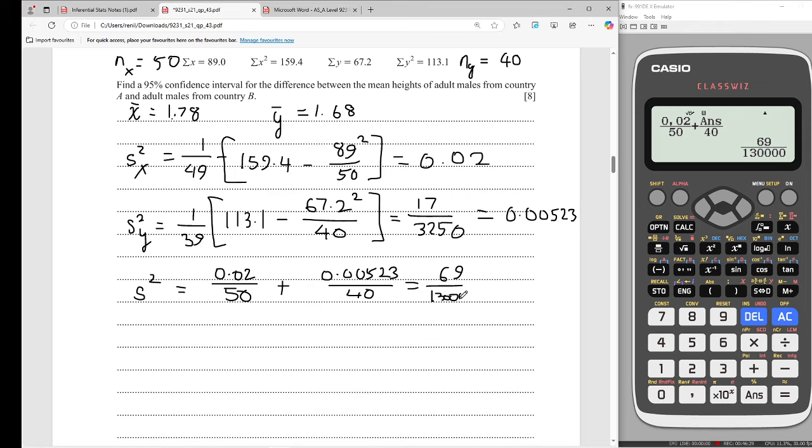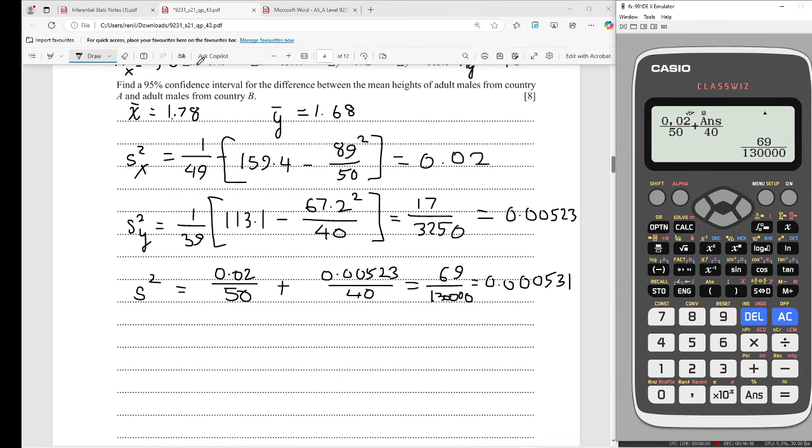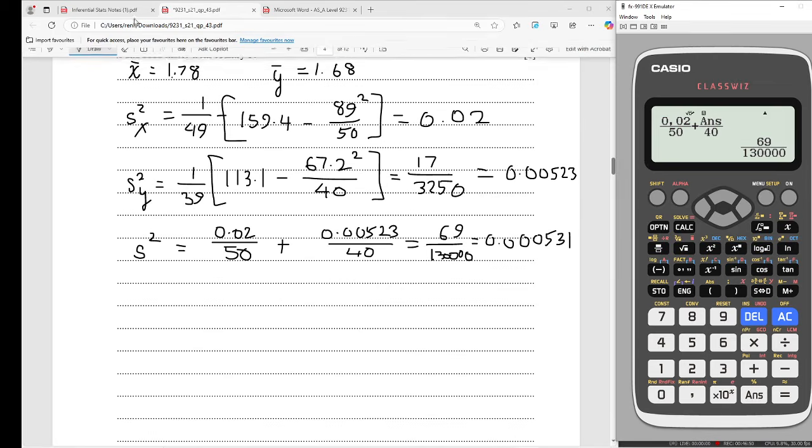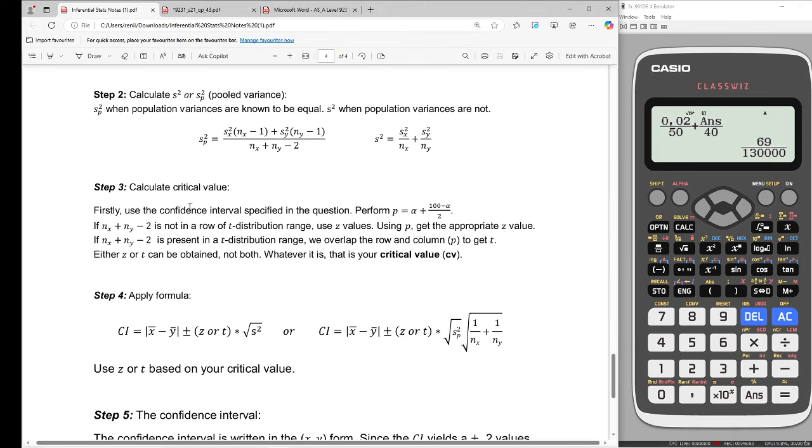But do note that they don't give you marks for the fractional value a lot, so you're going to have to write the decimal value more frequently. 531. Okay, so they usually mark you for the decimal value, but you should use the fractional value all the time. And now that we have our S2 value, we can proceed with the calculations.